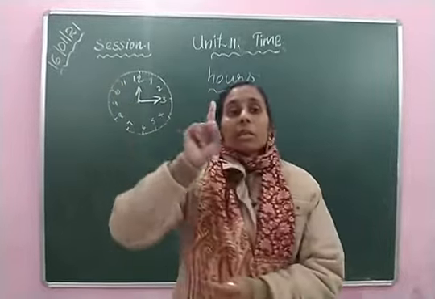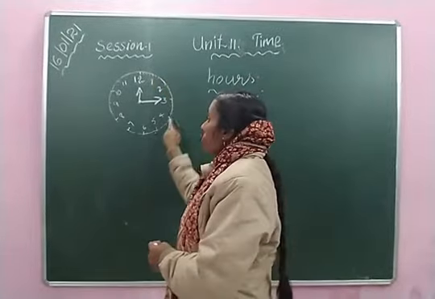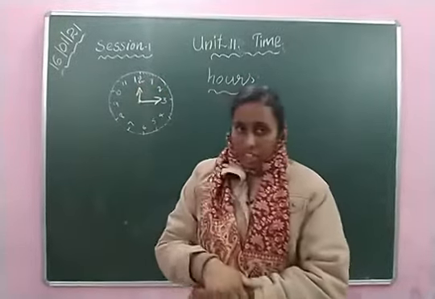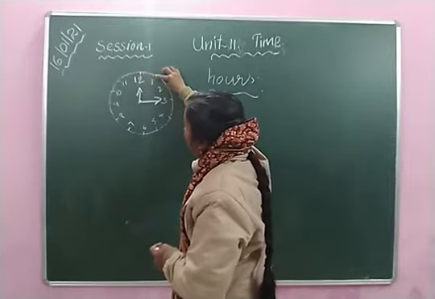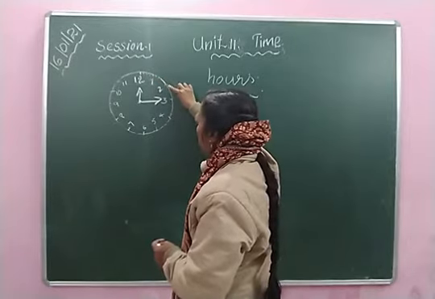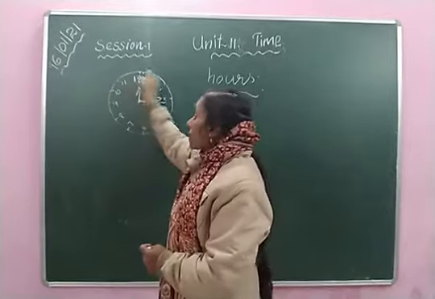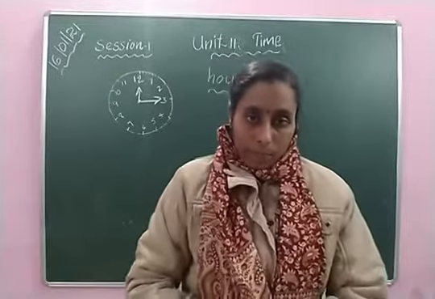The hour hand takes 12 hours to complete one rotation. When the hour hand moves from this number to this number, it takes 1 hour. Then from here to here 2, 3, 4, 5, 6. Likewise, it takes 12 hours to complete one rotation.